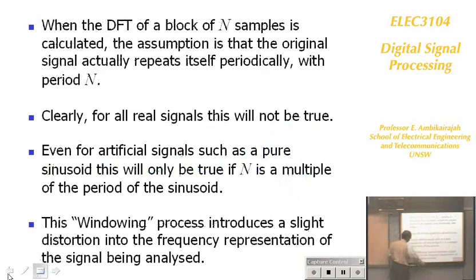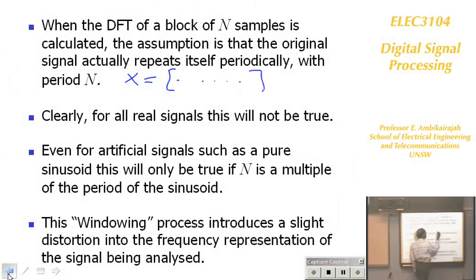using MATLAB commands. For example, if your signal exists in MATLAB, you create a signal with some values, and then you say H is equal to fast Fourier transform of X, and you can say 1024 points you want.